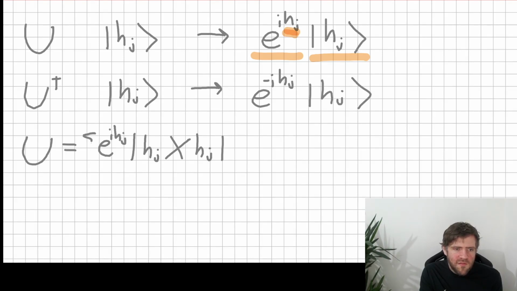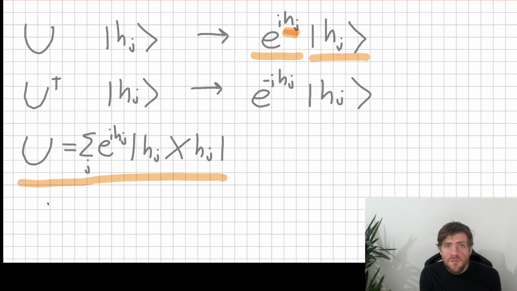And of course we have to sum that over all of our j's, which is all of our basis states. So for 1 qubit it will be over 2 states, for 2 qubits it will be 4, and so on. So yeah, there you go. The spectral form of a unitary. That's going to come in handy.